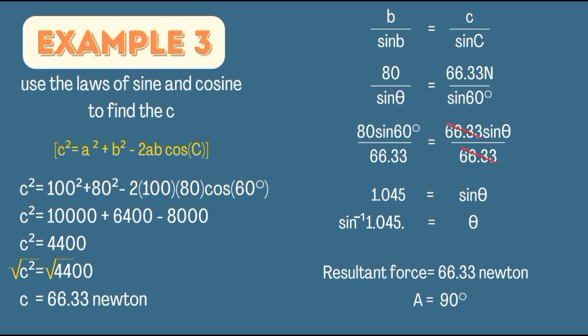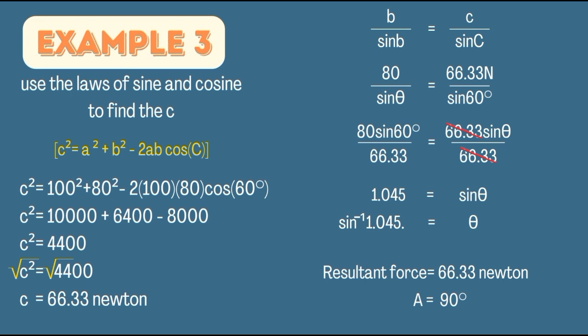So we will use the butterfly method. So 80 sin 60 degrees over 66.33, and on the other side 66.33 sin theta over 66.33. The 66.33 must be cancelled because they are both 66.33.